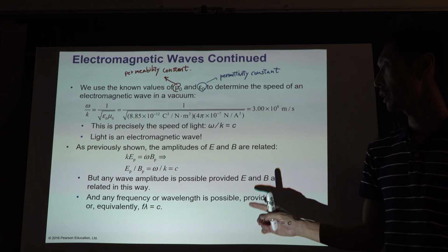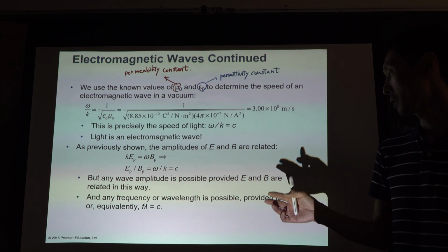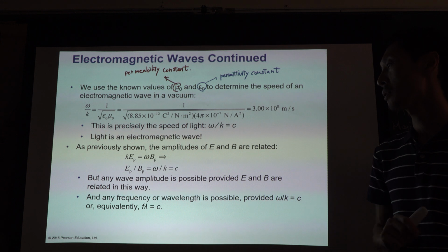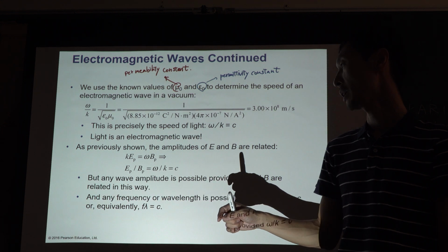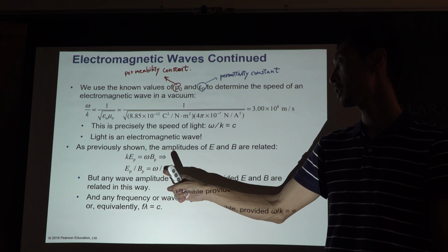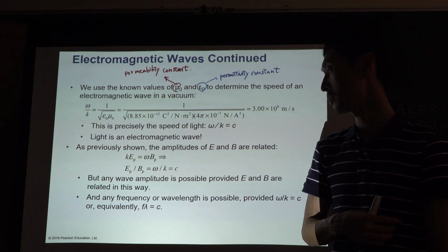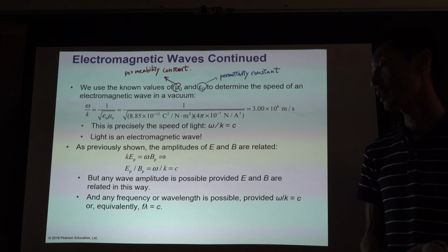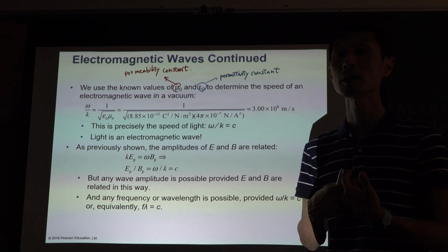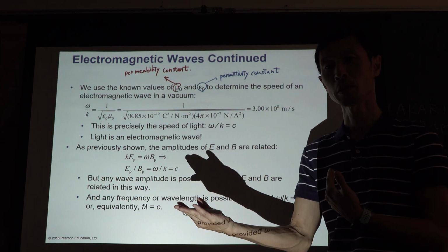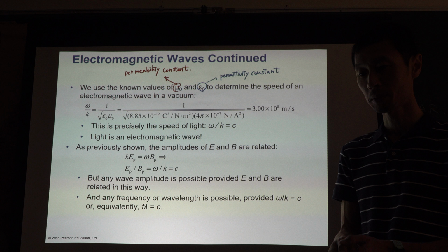And any frequency or wavelength is also possible as long as omega divided by k equals c, or equivalently, f lambda equals c. But any frequency or wavelength is possible. That's why there is light with different wavelengths, long wavelengths, short wavelengths, X-ray, radio. These are all electromagnetic waves.